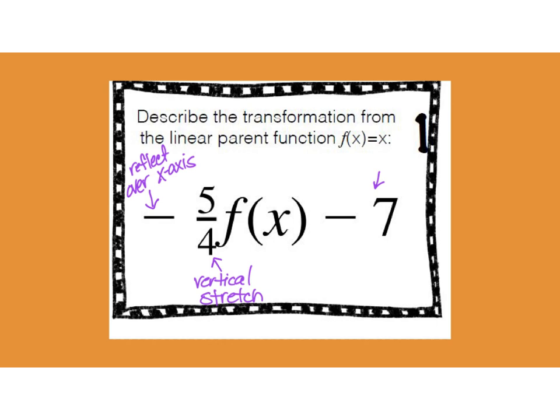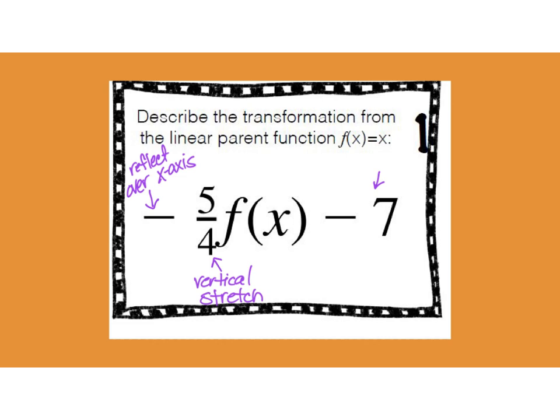All right, now let's see the -7. The -7 is also outside the parentheses, so we're talking vertical shift, right? It's exactly what you think is going to happen, so where are we going from here? If we're vertical, which is up and down, are we going up?